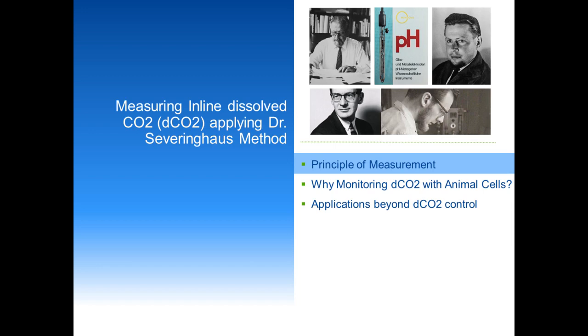And finally, beyond pH control, how dissolved CO2 should be early qualified as a CPP to improve tech transfer, limit scale-down studies, or help during troubleshooting a process at scale, for example.